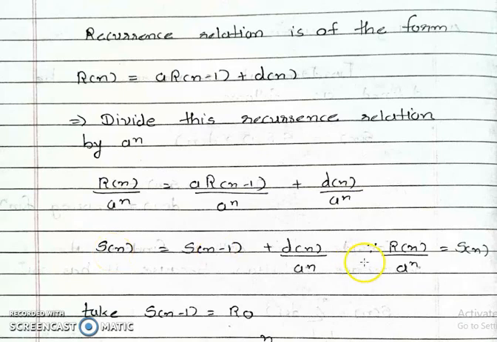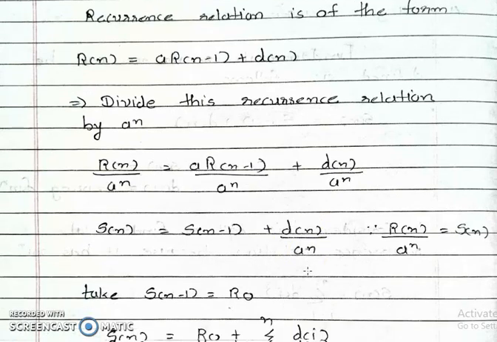We take R of n divided by a raised to n equal to S of n. Putting this value into the equation, we get the final equation S of n equal to S of n minus 1 plus d of n divided by a to the n.